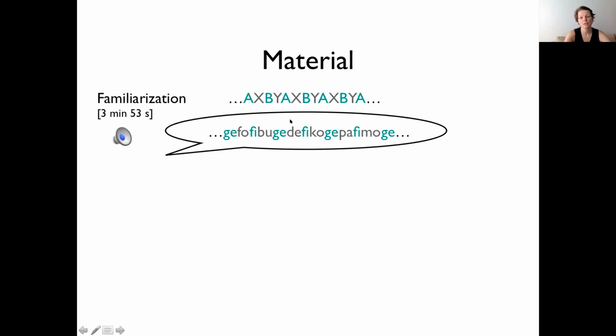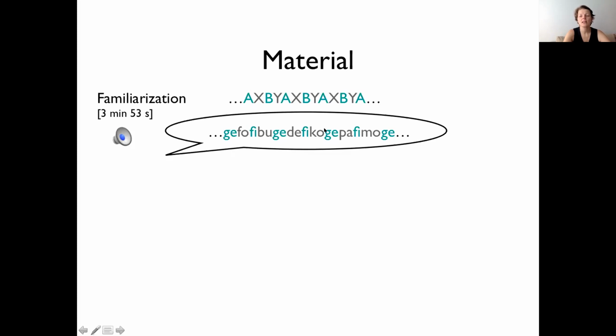In this artificial grammar learning study, we created an artificial grammar, which is an alternation of two types of categories, frequent and infrequent categories. So obviously we manipulated frequency. As I said, the A and B categories are such that they have a single token. Every occurrence of category A is mapped onto the syllable ge.